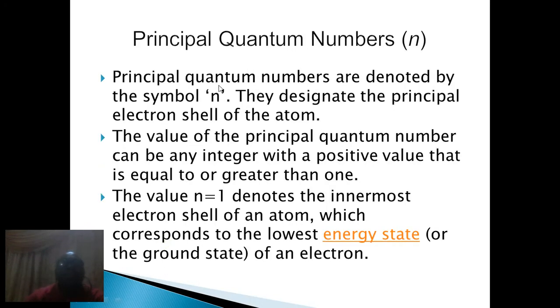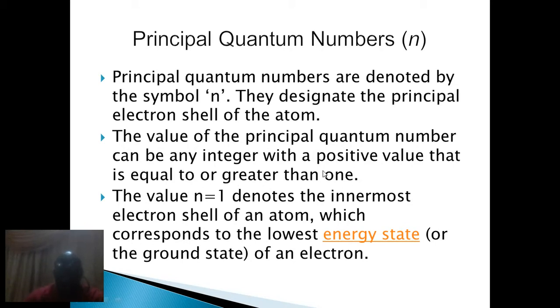atom. The principal quantum number is denoted by the symbol n, and it designates the principal electron shell of the atom. It tells you the position, the shell in which the electron is located. The value of the principal quantum number can be any integer with a positive value that is equal to or greater than 1.